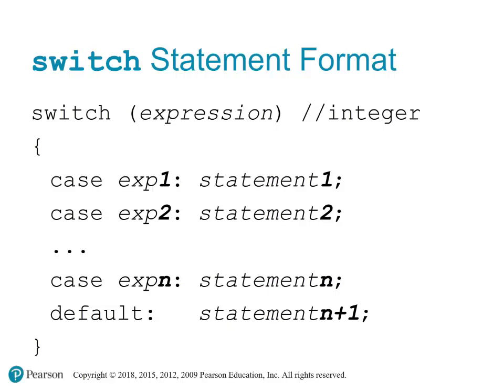Although not shown in this syntax, it's common to include a break statement at the end of each case block to prevent fall-through to the next case. If the break statement is omitted, the program will execute all subsequent case statements until it encounters a break, a feature known as fall-through.